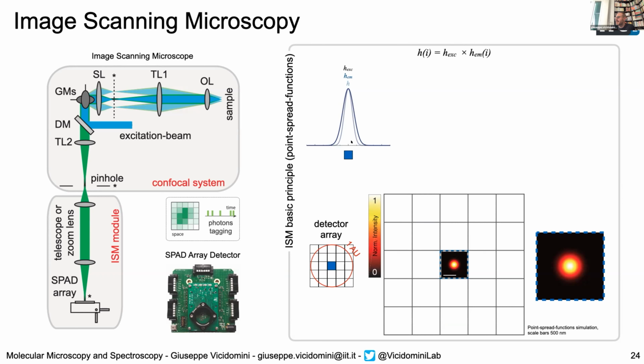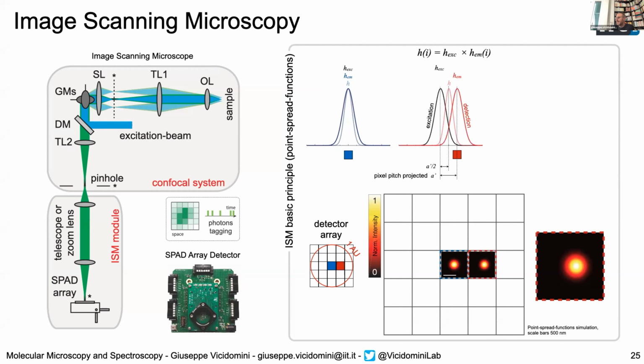If we assume that both the excitation and the emission are Gaussian distributed, and in particular that the Stokes shift is not relevant, at the end we have a multiplication of two Gaussian functions that ends up with a Gaussian function positioned exactly in the same place, but with a sigma that is reduced by a square root of 2.